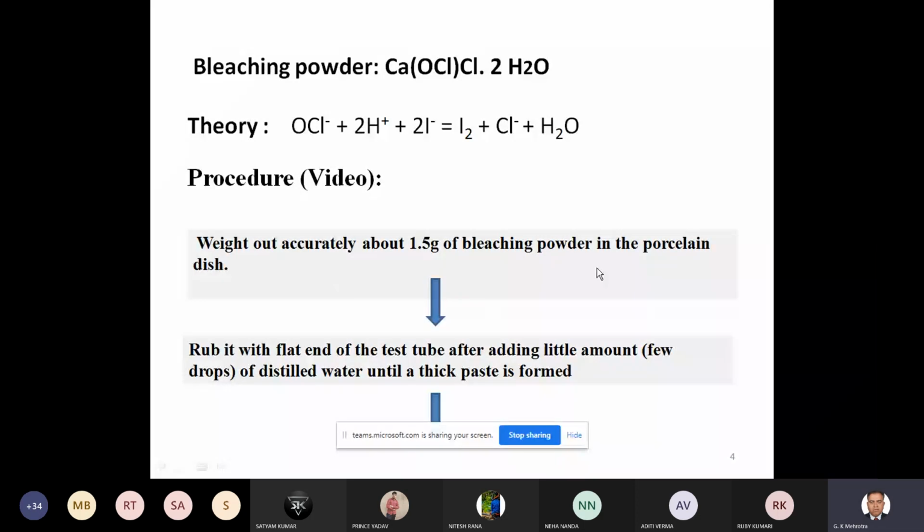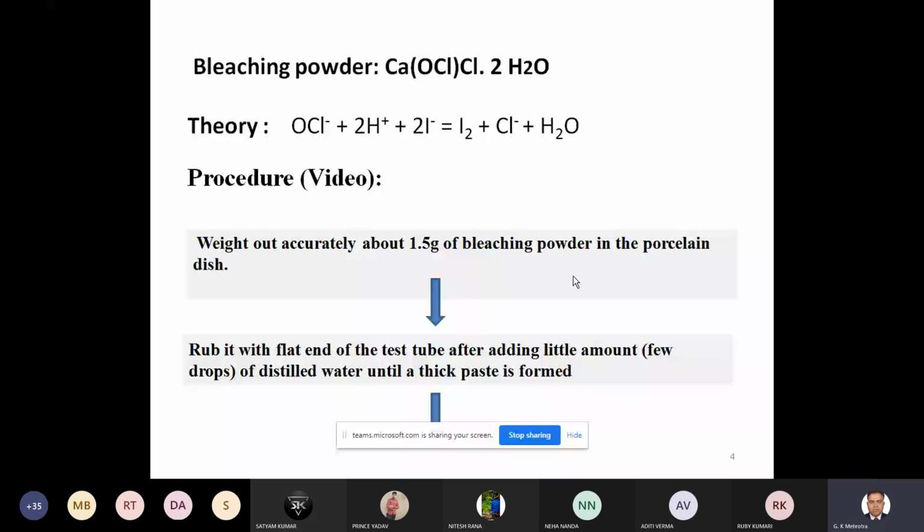You weigh it, and after weighing correctly, you rub this bleaching powder with the flat end of a test tube after adding a little amount of distilled water until a thick paste is formed.